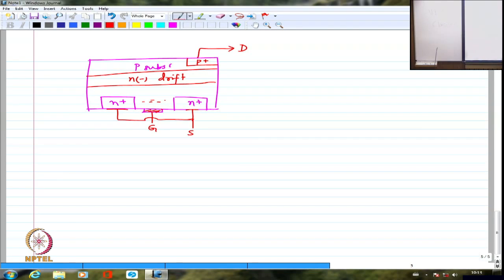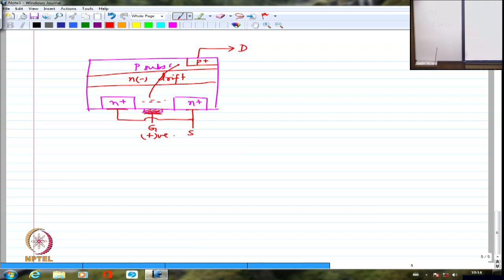So I am not going to have any conduction possible until I apply a positive voltage here with respect to the source. So I will get at least some amount of negative charge induced. Because of which I will have a huge amount of negative charge accumulation here, which will pass through this and go over towards the drain side.